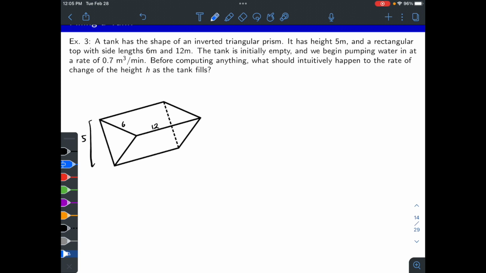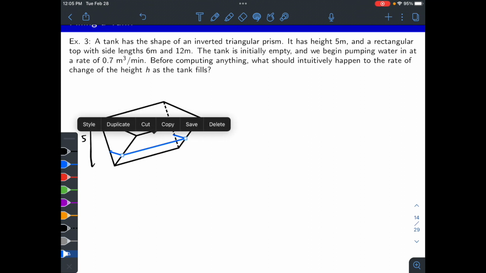And so that should tell us that after some amount of time, we have some amount of water in the tank. So it's going to look like that. Let's see if I could just copy paste. Shoot. Yeah, that's good enough.